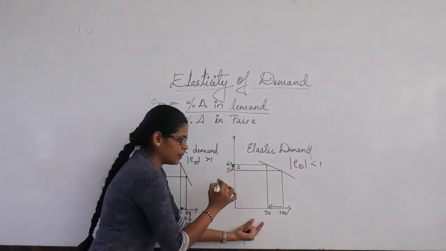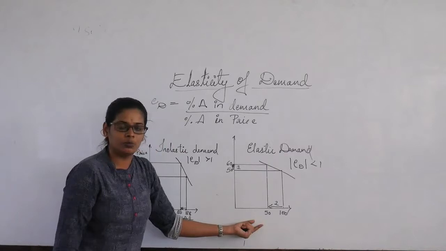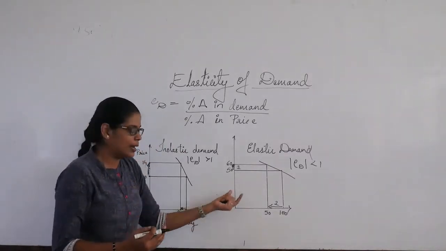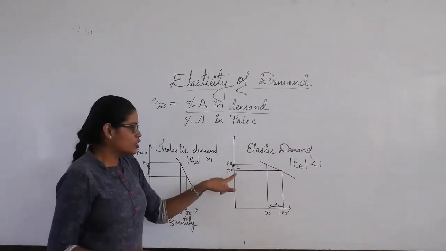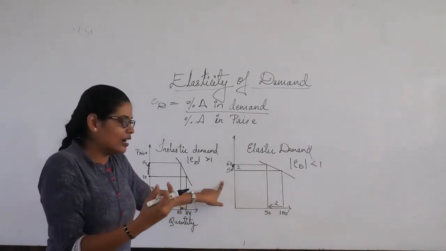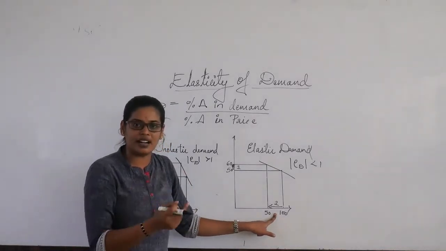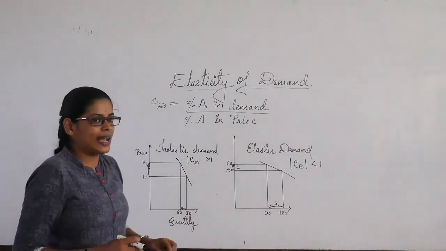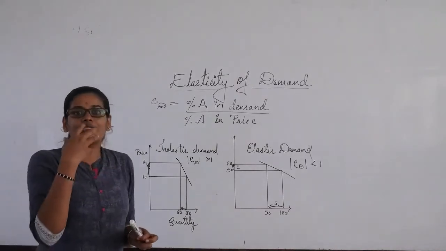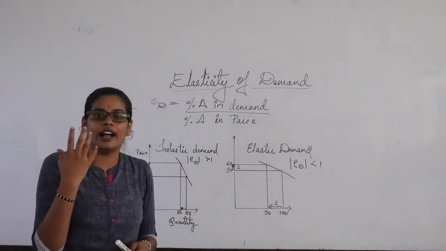If here it has changed by 1, here it has changed by 2, more than half of the price change. So the change in the price has affected the quantity demanded for that product twice as much. For example, when the price of commodities increases, people always look for alternatives.